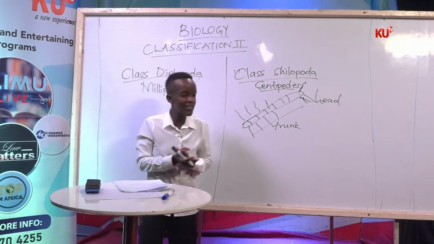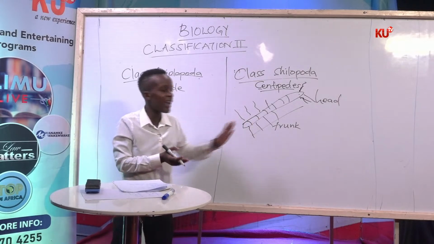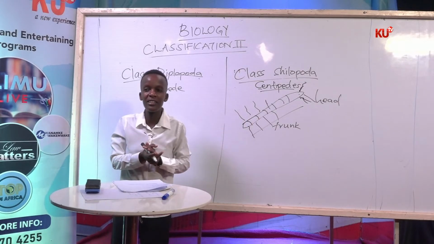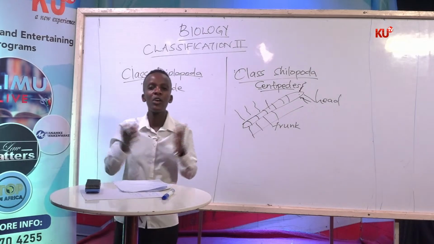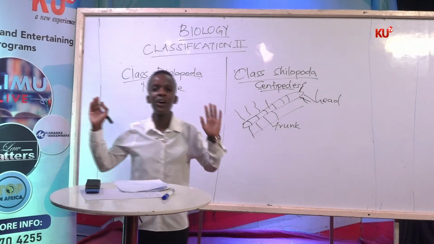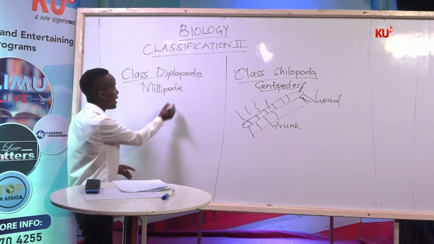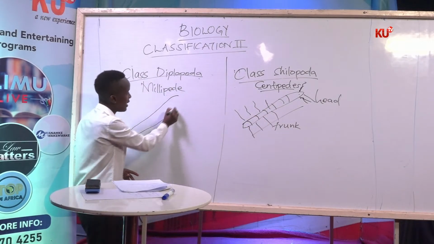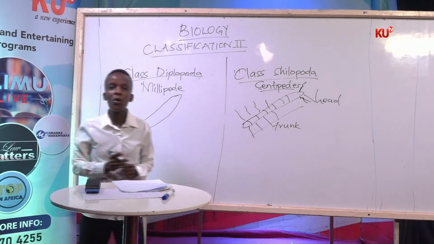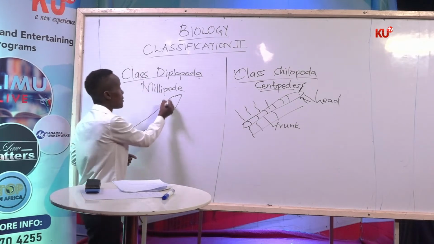Another one is, when you look at a centipede and a millipede, they differ in terms of the number of legs. You will find that millipedes have many legs compared to the centipede. Now, let's structure a millipede here, and we will see how it differs from the centipede.